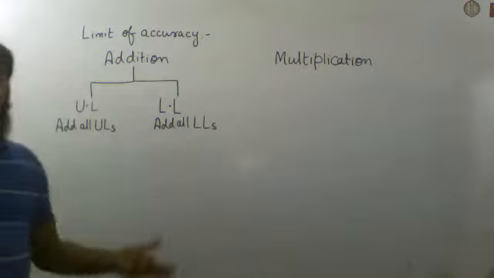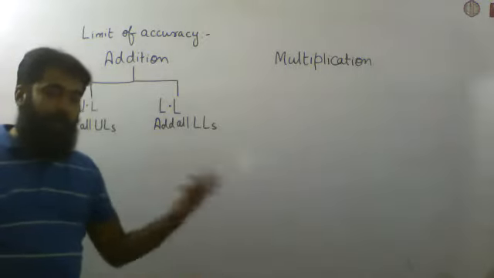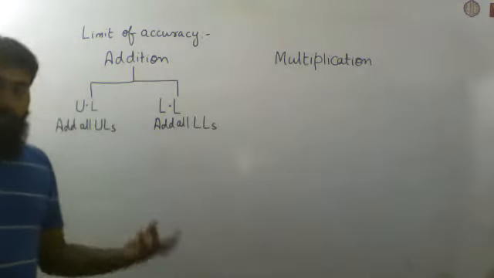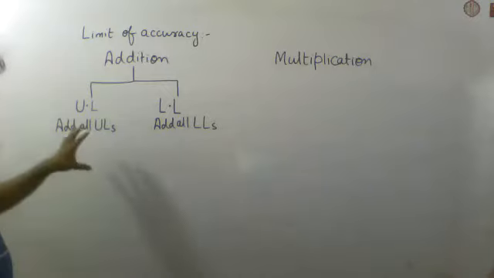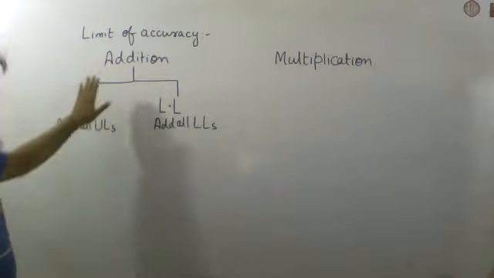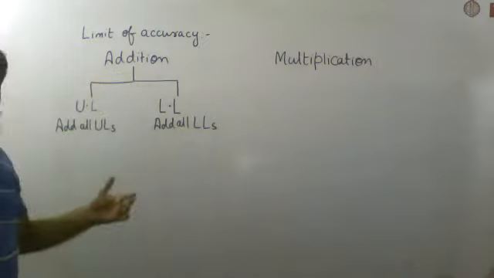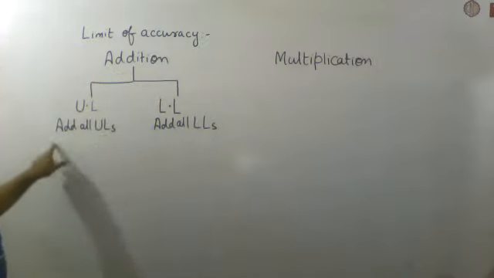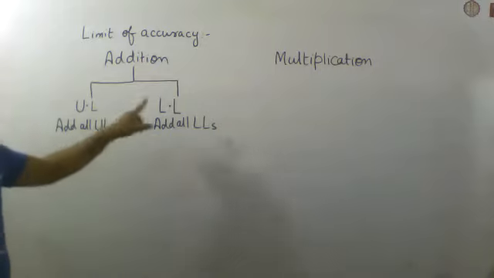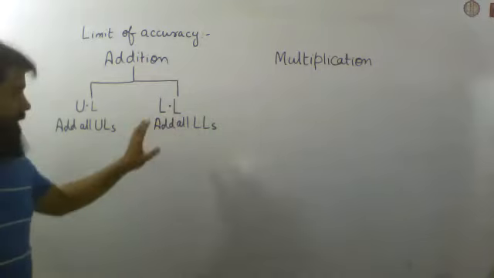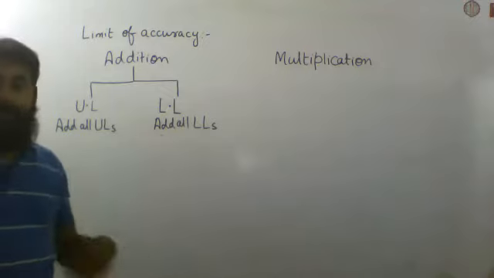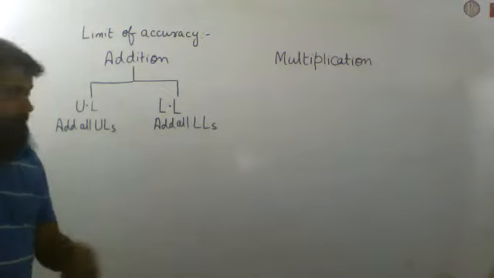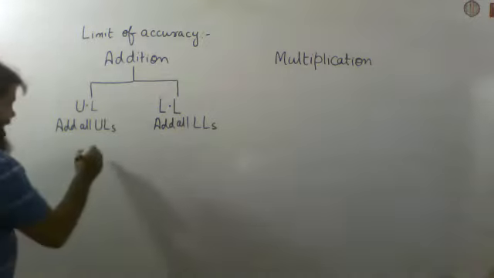Like if I have three numbers, and the upper and lower limits are given for all three numbers, and I have to find the upper limit of addition, what will I do? I will take the upper limits of the numbers and add them. If I have to find the lower limit of addition, I will take all the lower limits and add them.